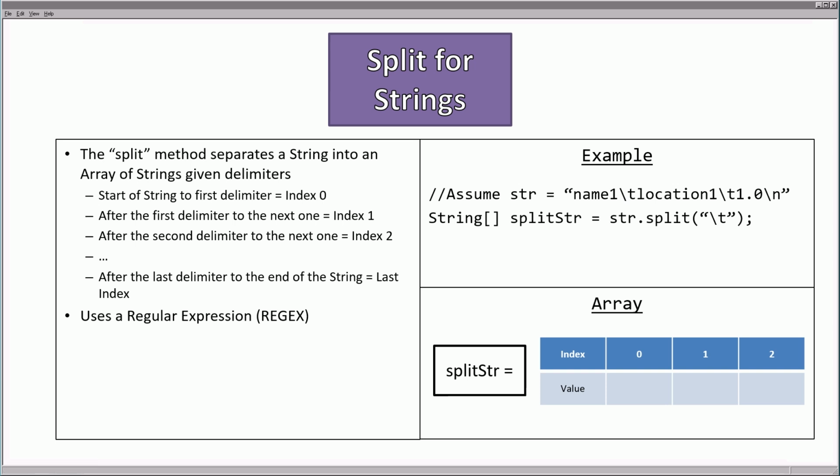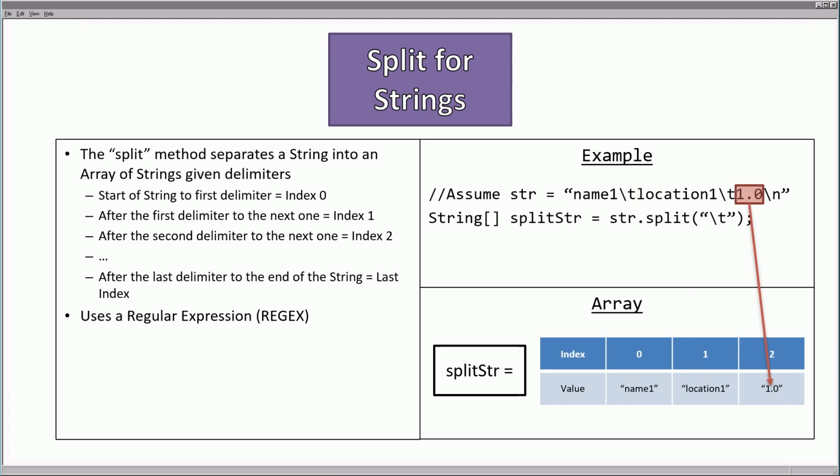Starting from the beginning of the string up until the first tab, this string is separated and then added to index 0. Going from that tab up until the next one, we get this information that is added to index 1. And then finally, the last tab to the end line adds that to index 2.